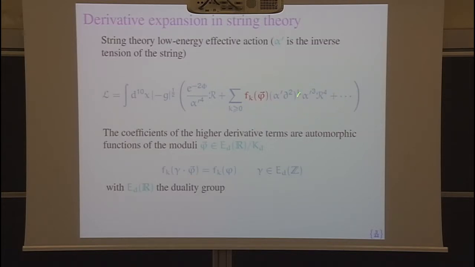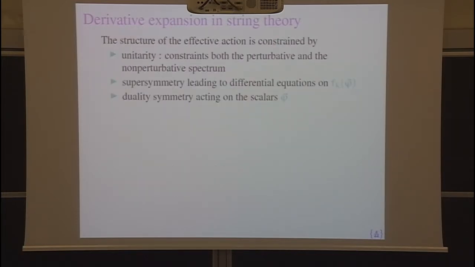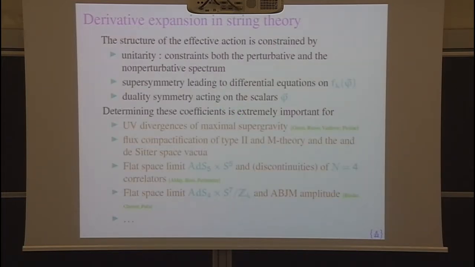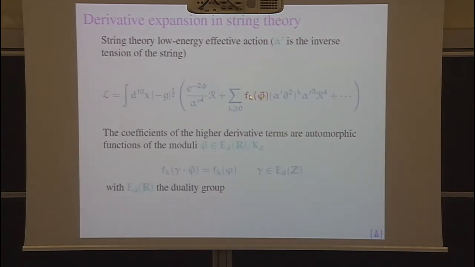You have your higher derivative terms, and this is a candidate counterterm for a UV divergence of supergravity. But we are here in string theory, so this object is a function of the moduli. Then if you try to go to the supergravity limit, you should find in that function the contribution to the UV divergence counterterm.